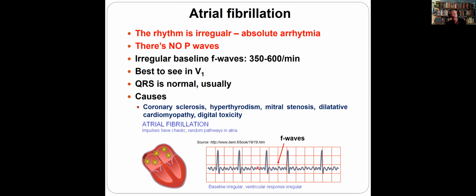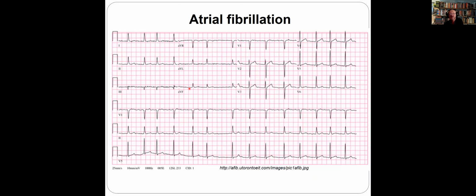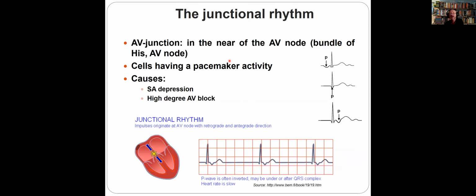You will see arrhythmia and very fast atrial impulse formation. This is why you can see atrial fibrillation. Such as this one, arrhythmia absoluta, fine, fibrillatory waves, okay? Best one to look at is V1 because that's very close to the atrium.